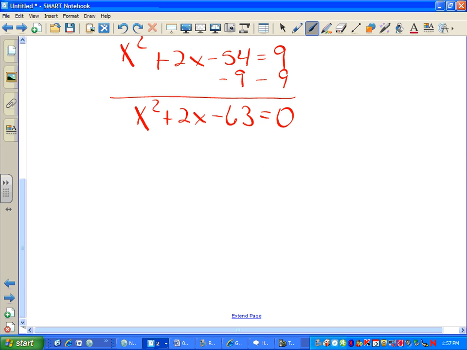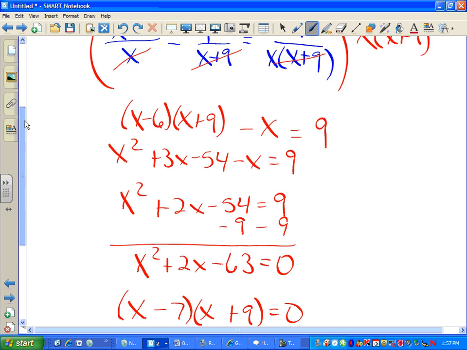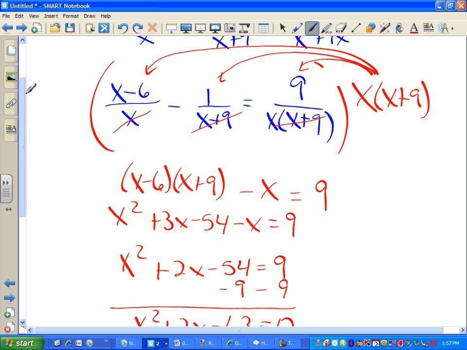This is factorable. Pause if you need to. What multiplies to be negative 63, that adds to be 2. We're going to factor to x minus 7 and x plus 9. Setting each one equal to 0 would give us x equals 7 and x equals negative 9. At this point, you need to go back up and check your excluded values. It looks like negative 9 is an excluded value.